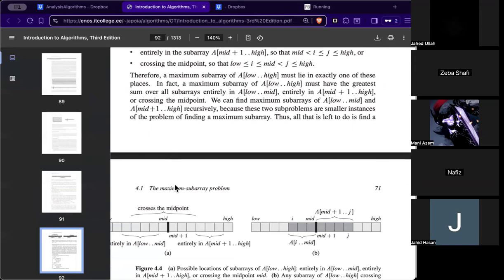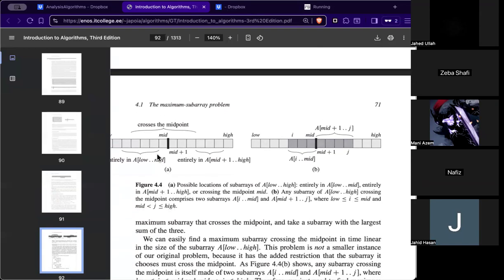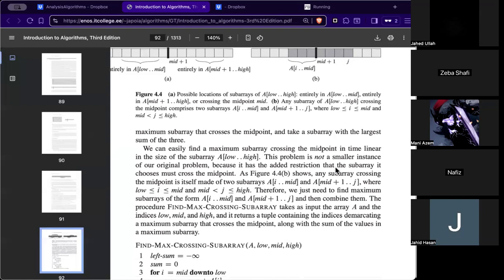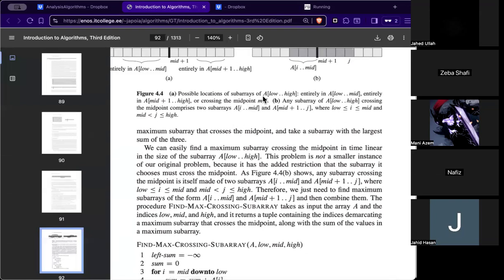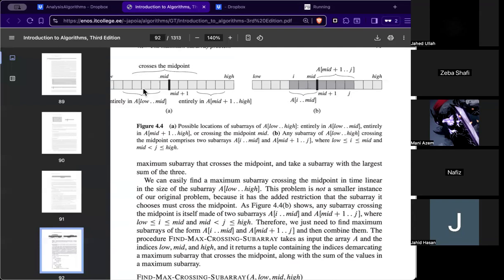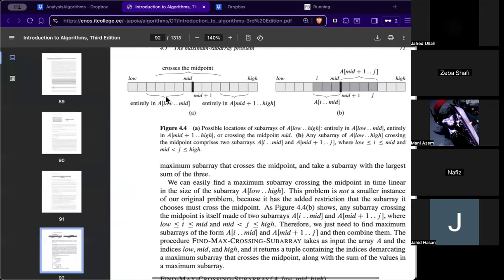So now, here we have the case in which we're crossing the midpoint. And here we have I going to mid, and then mid plus 1 going to j. That's our maximum subarray in reality. So now, possible locations of subarrays of A, low to high, entirely in A would have been all the way over here in this gray part, right?